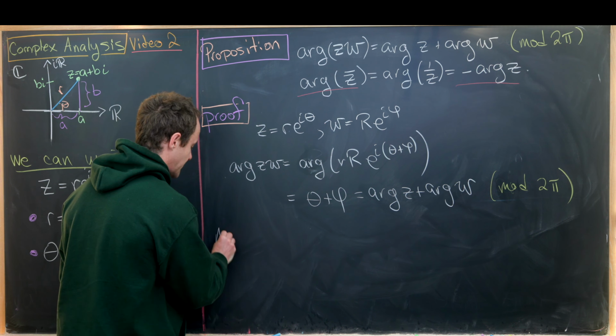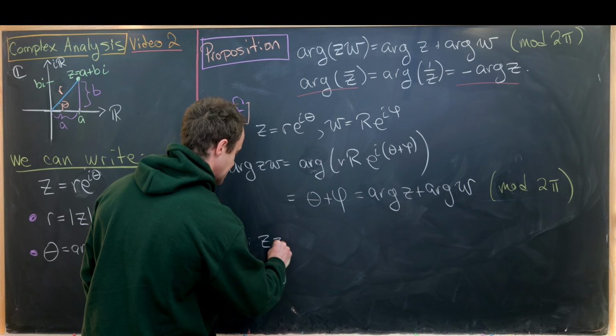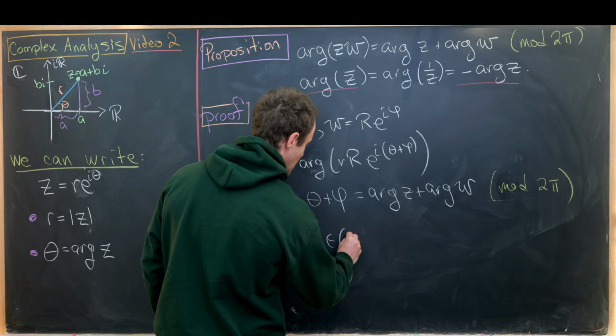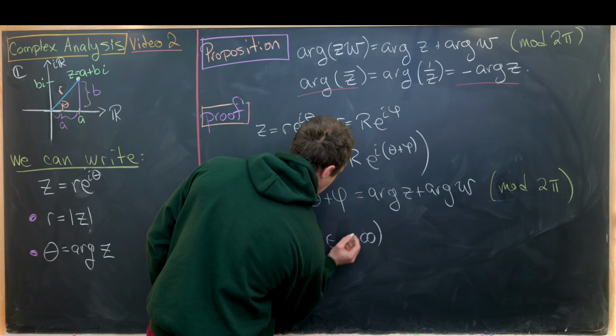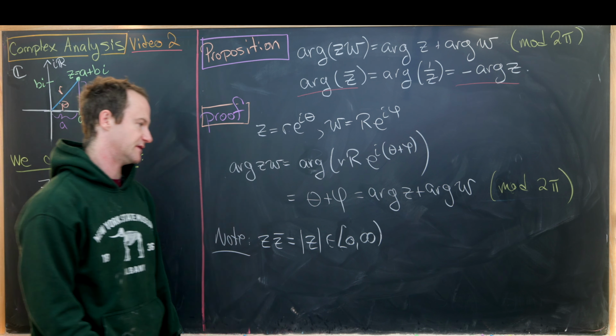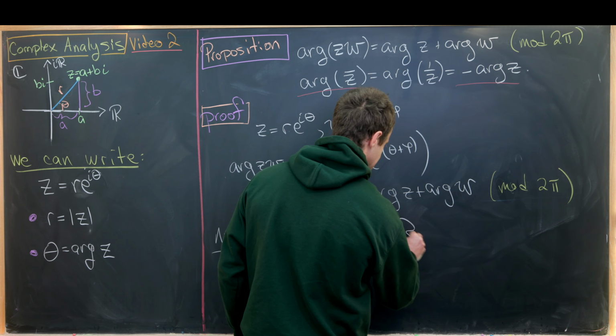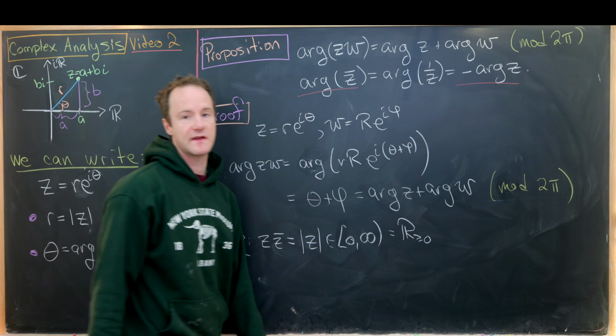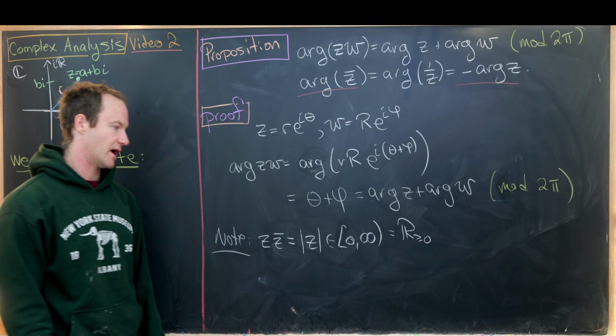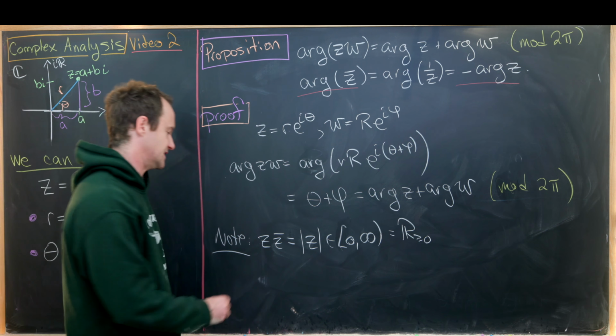So let's first note z times z bar is equal to the modulus of z squared, which is a non-negative real number. So in other words, it's on the interval 0 to infinity. Maybe we could also write this as r bigger than or equal to 0 like this. But anything on the positive real number line is going to have an argument of 0.